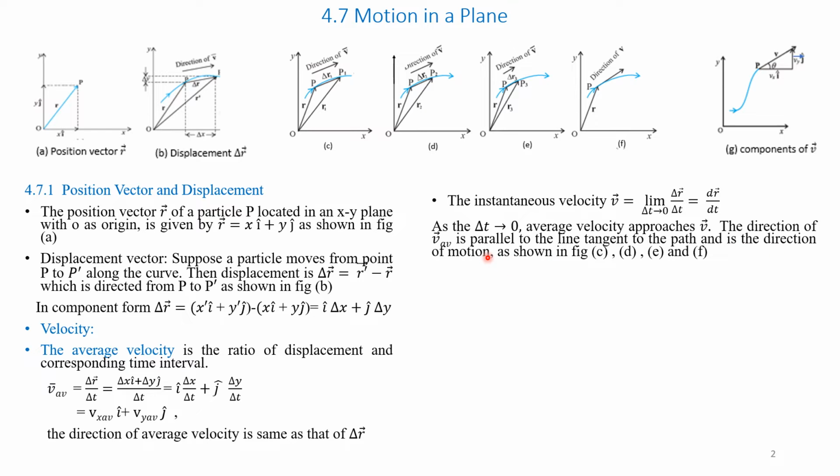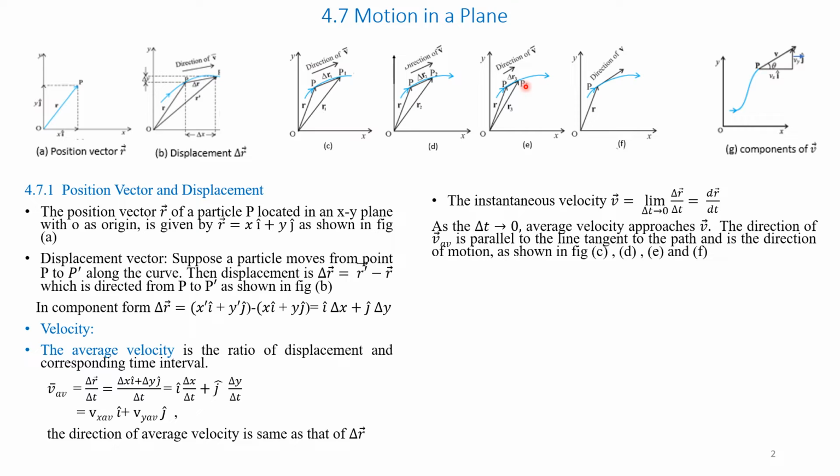This is explained using diagrams C, D, E and F, wherein the particle has moved from position point P to P1 in figure C, P to P2 in figure D, and P to P3 in figure E. That is at different instants of time t1, t2 and t3 respectively. Here the displacement vector is represented by delta r1, delta r2 and delta r3.